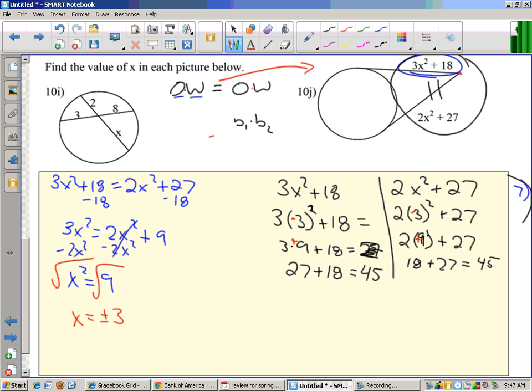So positive and negative both work. Here's the situation I told you guys to be careful of. Everybody says the square root of 9 is 3. But you have to take into consideration that negative 3 could work too. So the answer is x equals positive or negative 3. Either one of them would work.